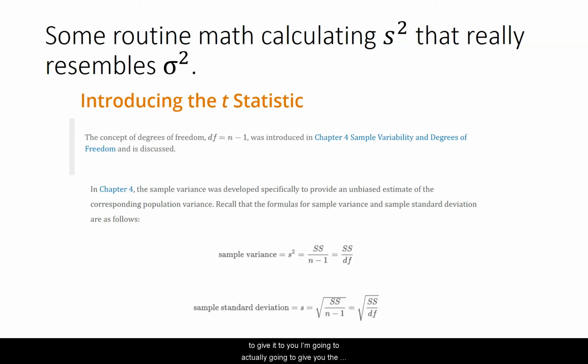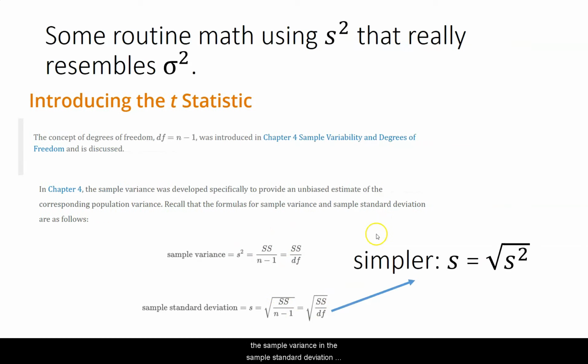I'm actually going to give you the standard deviation. But you'll recall that the formulas for the sample variance and the sample standard deviation were as follows. And in fact, here's a simpler rendering. When I give you the sample variance, it's just so much easier to handle it this way: the sample standard deviation right here is just the square root of the variance.